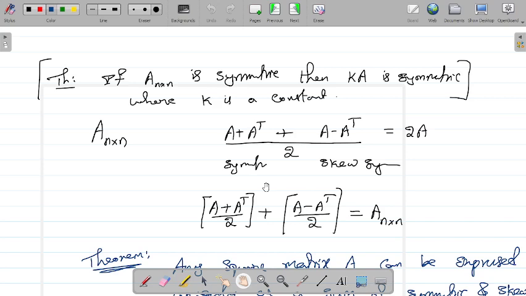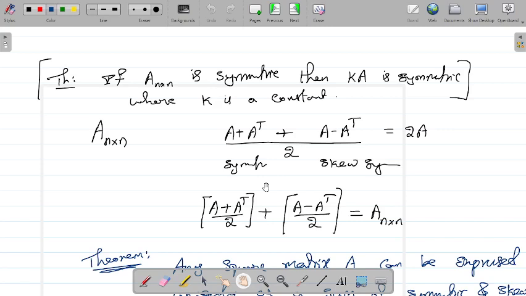So this we proved, and here is the proof. And then we have seen some example. We started with a matrix and we found out the symmetric and skew symmetric matrices here.